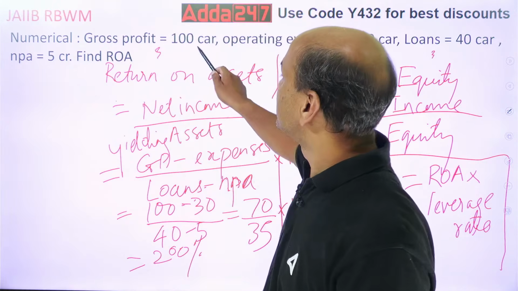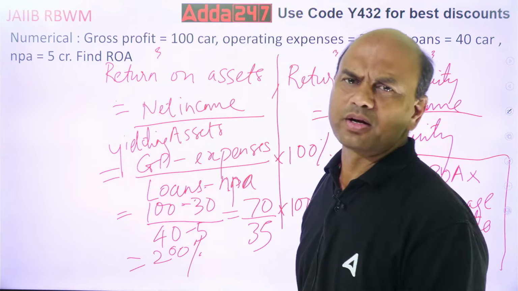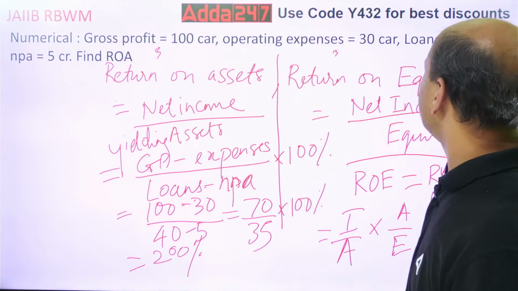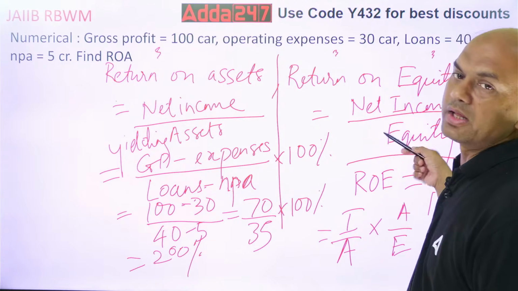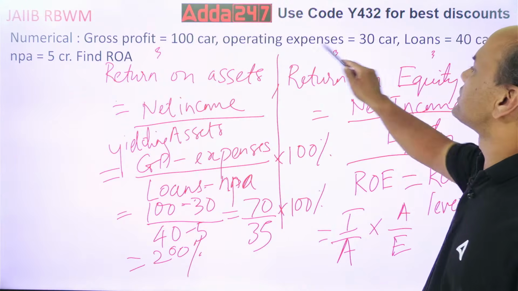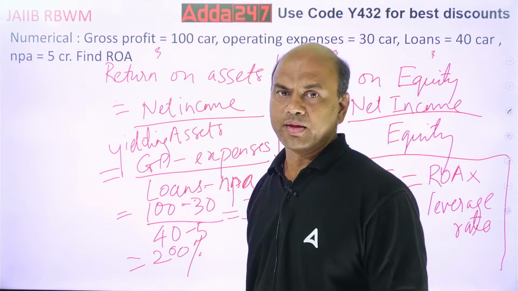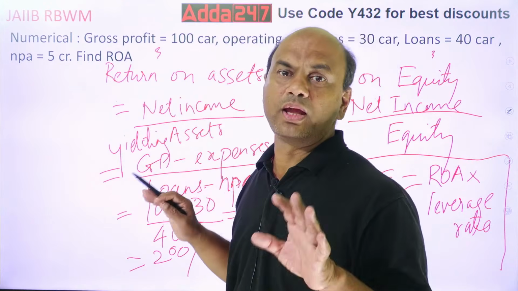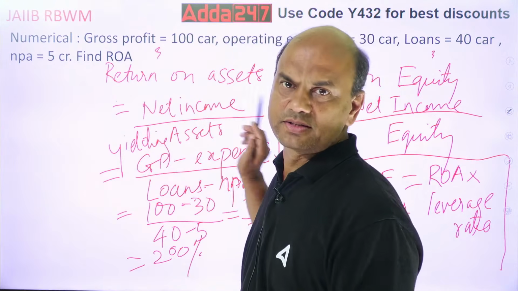If I ask you ROE over here, you will not be able to find it. For ROE, net income upon equity is required. So you need equity, and this should have been given to you if I wanted ROE. But here only ROA is asked, so only net income upon yielding assets.